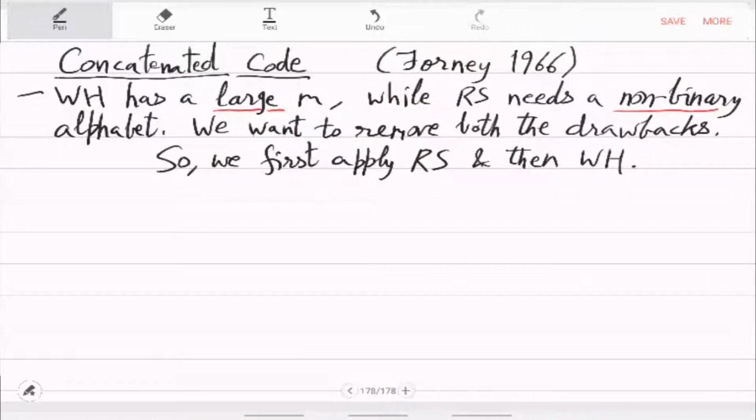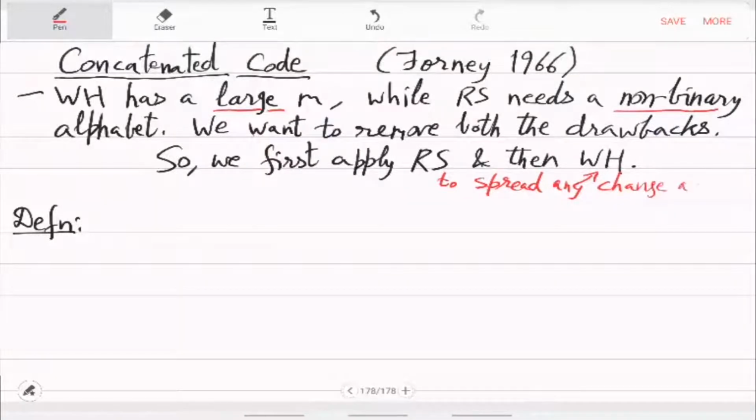We need to apply Walsh-Hadamard on these field elements so that any change in the field element should spread around the bits. So, let us define this formally. Reed-Solomon will spread it across field elements, and then Walsh-Hadamard will spread it across the bits.